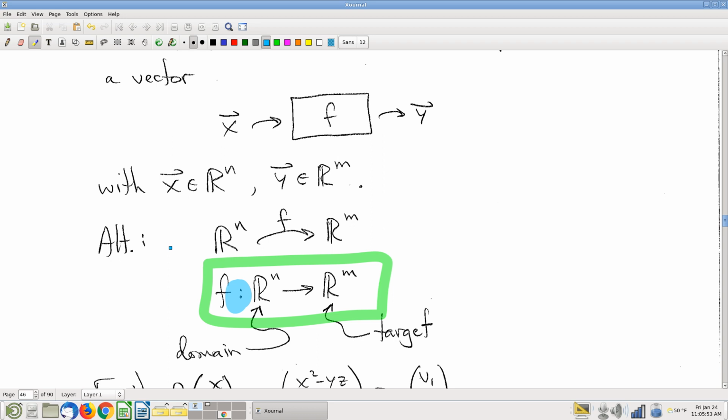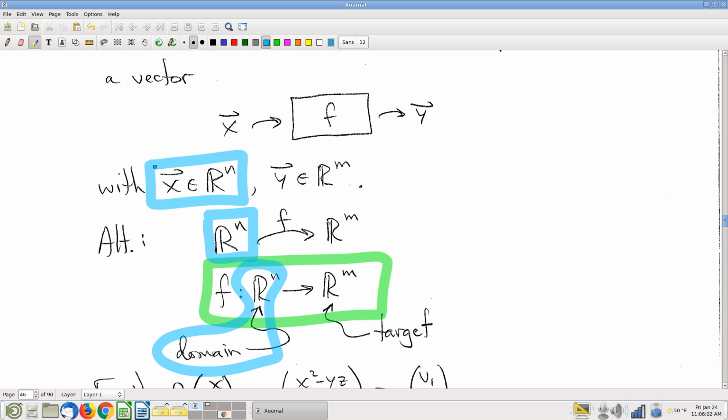The colon says the first thing that I list here is going to be what we call the domain. That's the world that the inputs come from. And this thing that comes after the arrow, this is the world that the outputs land in.